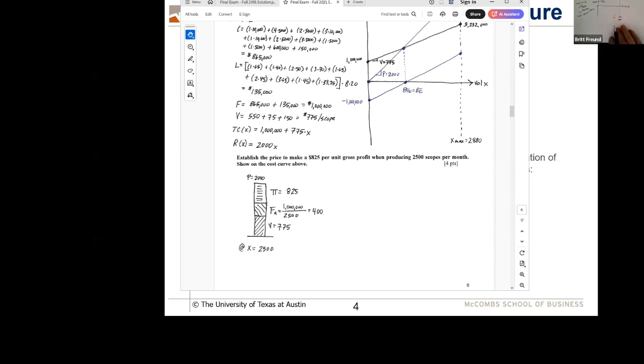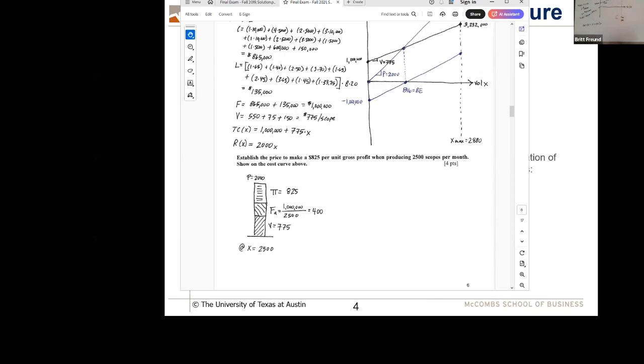The other way to do it, just to be clear, is here. You don't have to draw these pictures. You can always go back to first principles. First principle says the EBIT for any volume X is equal to minus F plus (P minus V) times the volume. That's a true statement.